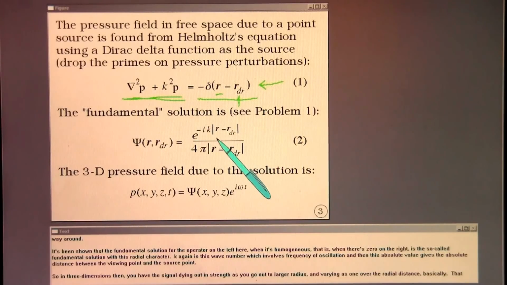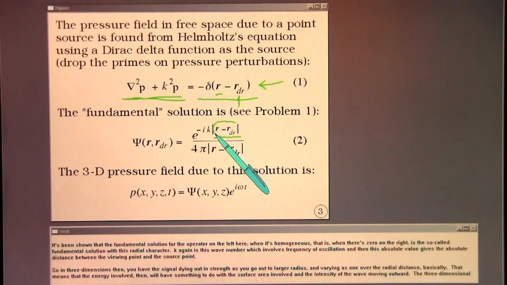K again is this wave number, which involves the frequency of oscillation, and then this absolute value gives the absolute distance between the viewing point and the source point.